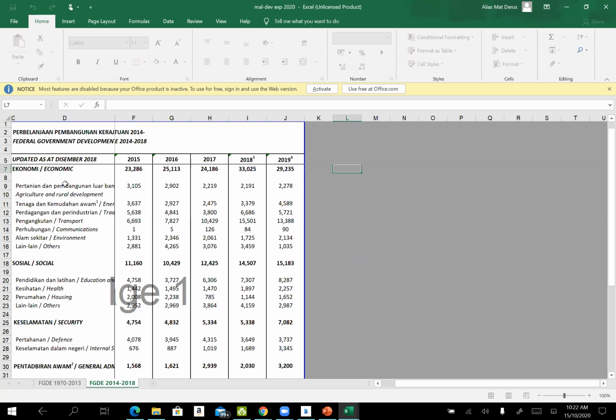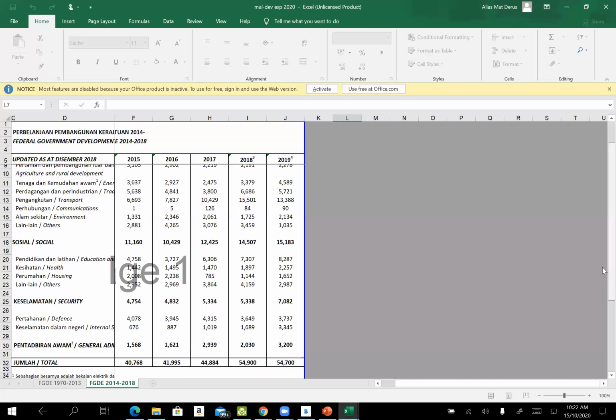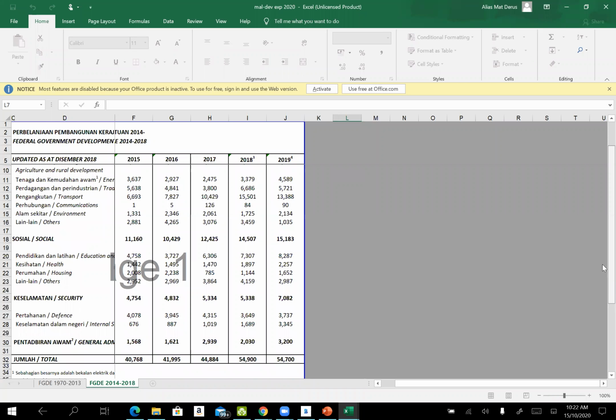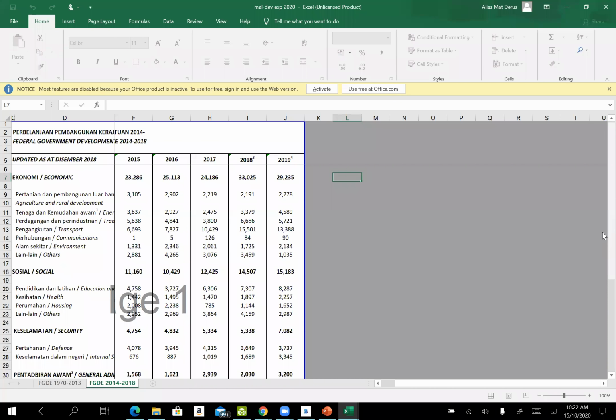The components of the development expenditure, which go under the economic, the social, security, and the general expenditure. Where is the total?